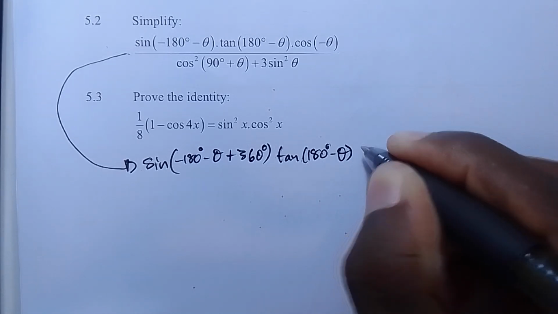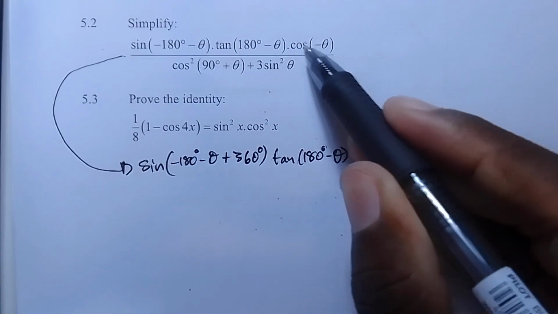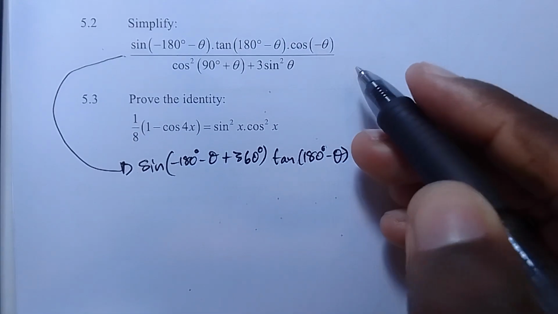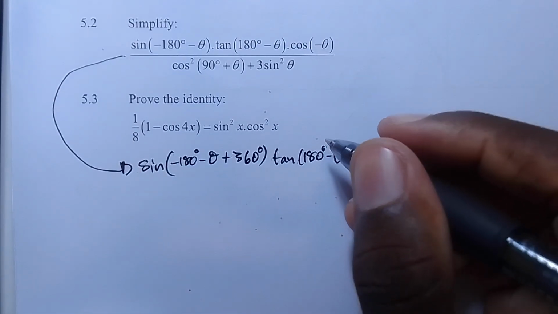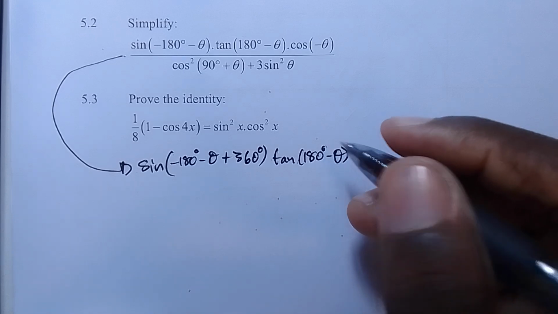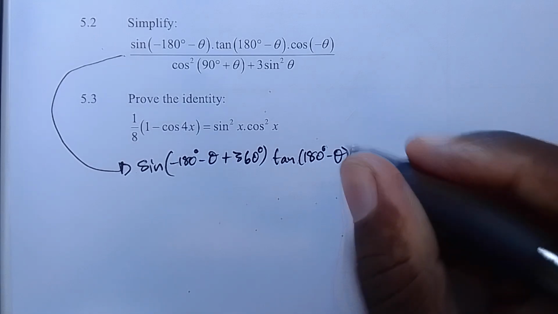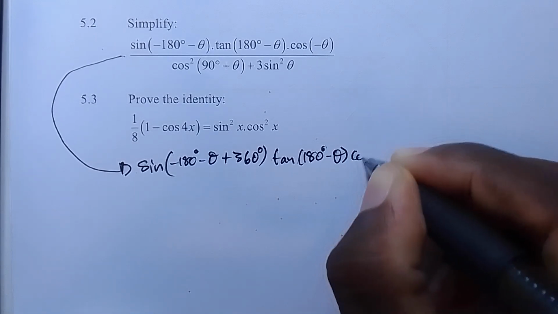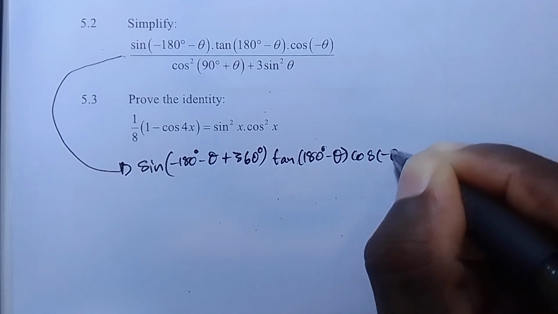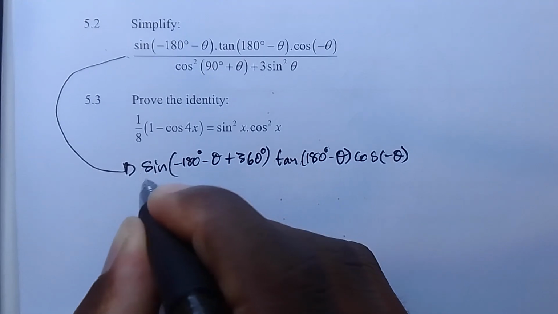We're still going to simplify. We just want to add 360. You see here there's nothing. So if you want, you can add 360, but you should know by head that cos of negative theta is the same as cos theta. But we haven't started simplifying yet. We're just adding 360 where it's necessary.